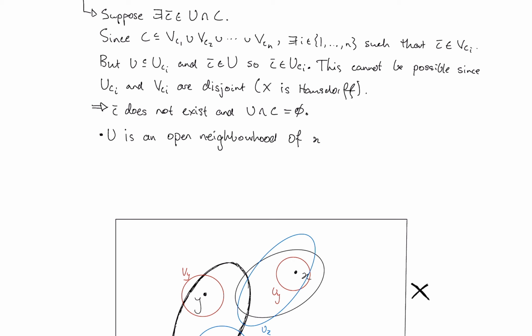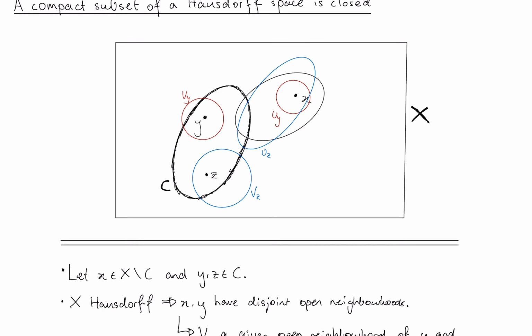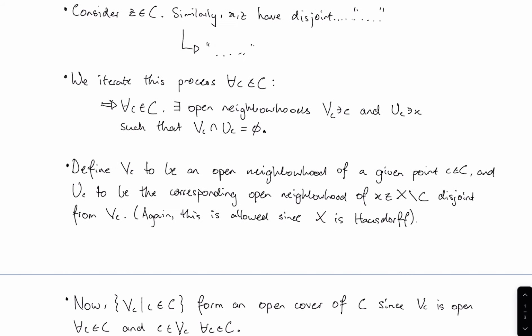So U is an open neighborhood of X, disjoint from C, from the subset. Well, we've chosen X here. It looks like we've picked a precise location just for the purposes of the sketch, but the point X here was just some arbitrary point in the complement. So this works so long as that point X is chosen to be in the complement of our subset C, but still within X.